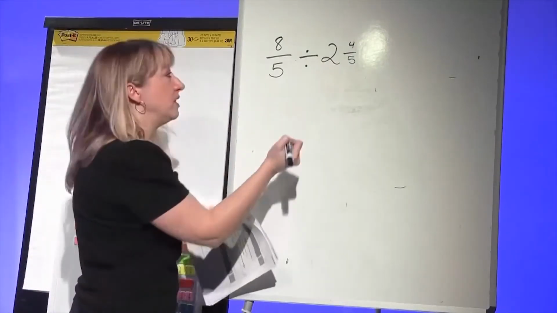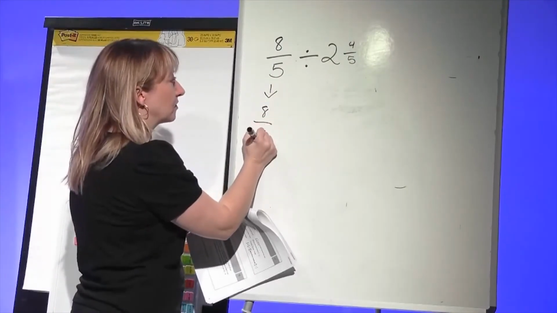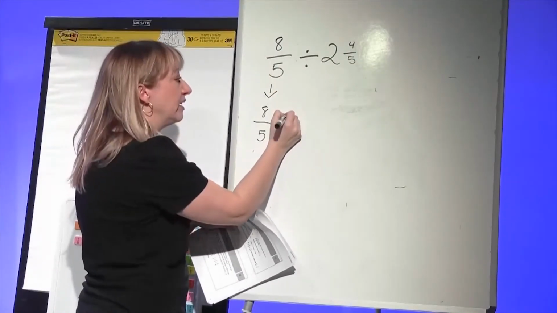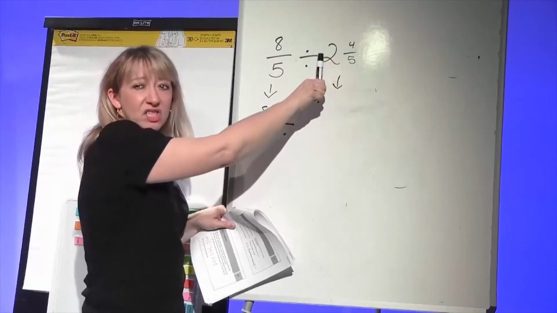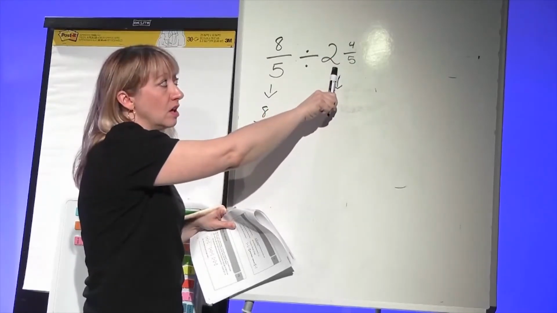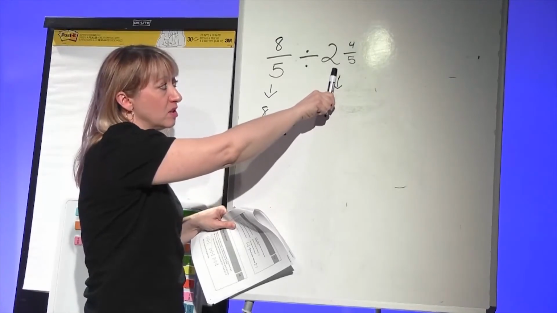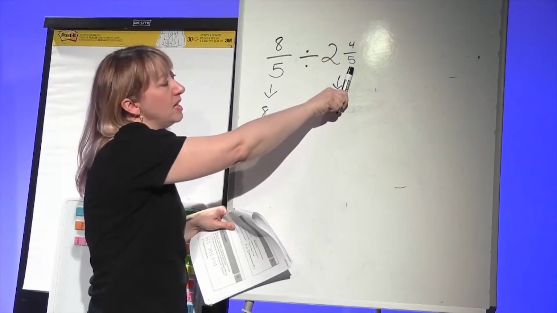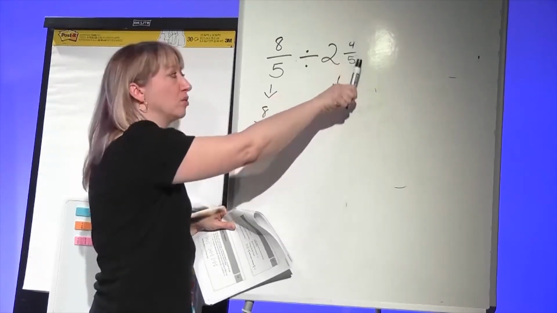I would be very careful with these and do it step by step. So I'm just rewriting this. I'm still carrying down my division. But now with this one, I have to change this to an improper. And the way you do that is by multiplying the whole number times the denominator. So 2 times 5 is 10, and you add the numerator.